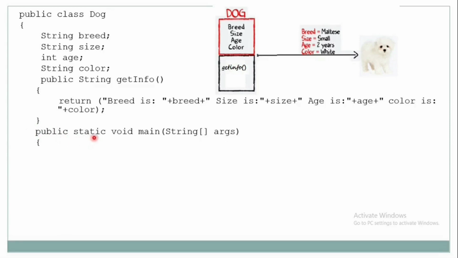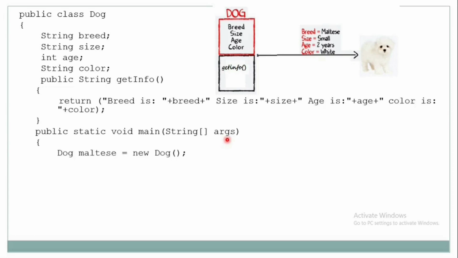Static, because we do not use any object to call this main function, so it can be called easily without using any object. Void tells that the main function doesn't return any value. And Java supports command line arguments, so this parameter is to support command line arguments.